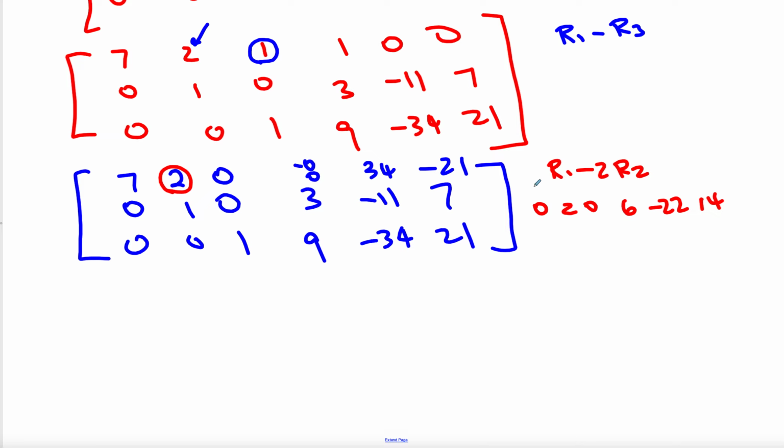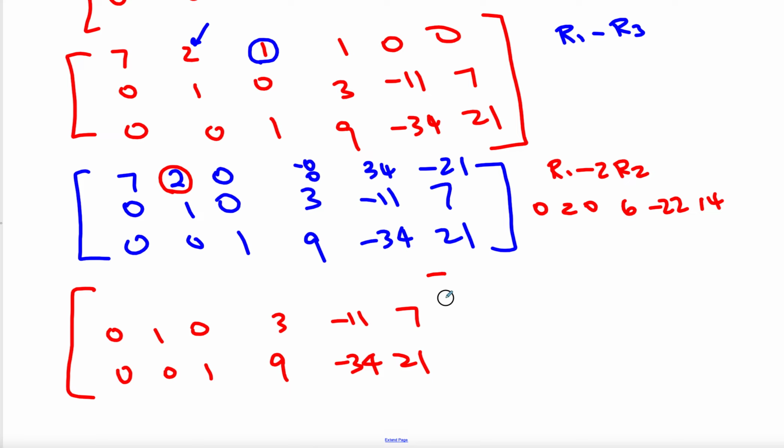So I'm going to add them up: 0, 1, 0, 0, 0, 1, 3, negative 11, 7, 9, negative 34, 21. First one becomes 7 because I'm doing first row minus 2 times this row. So the second one is 2 minus 2 becomes 0. The third one is 0 minus 0, equal to 0.